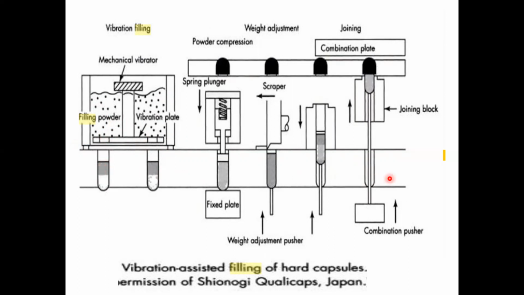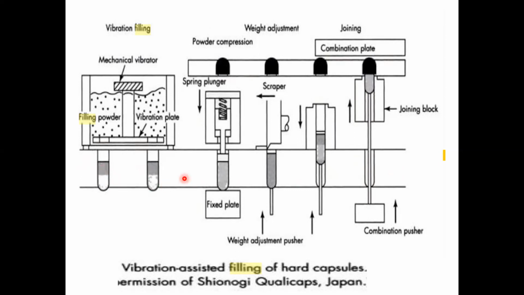The capsule body is held in this disc. You can call it a plate, or a holder, which holds the capsule body. This is again rotating. Please remember how we saw in the earlier auger fill principle, the capsule body holding plate rotates.